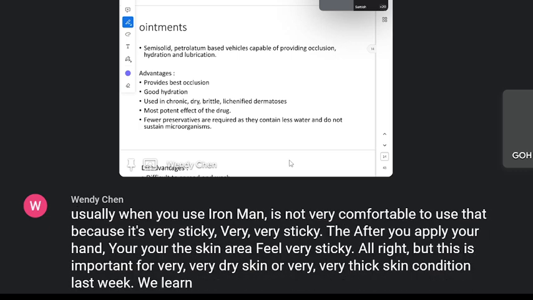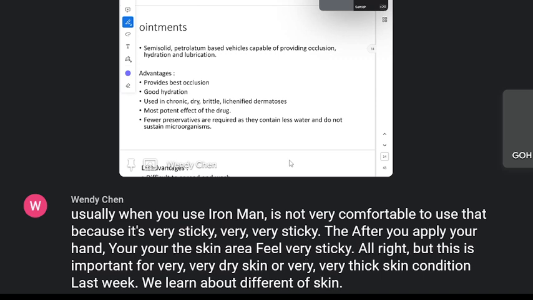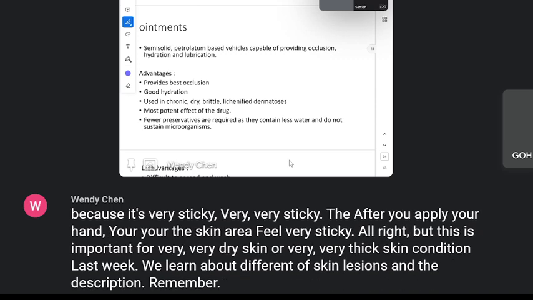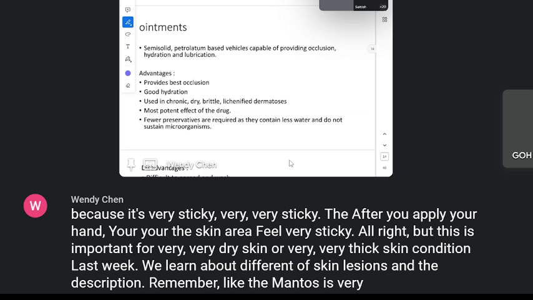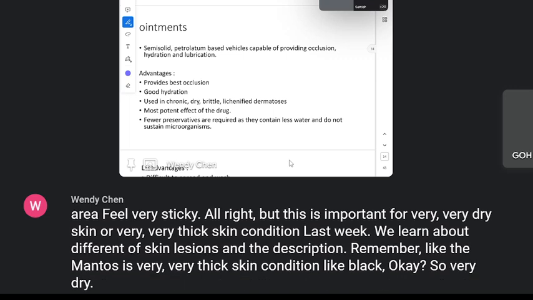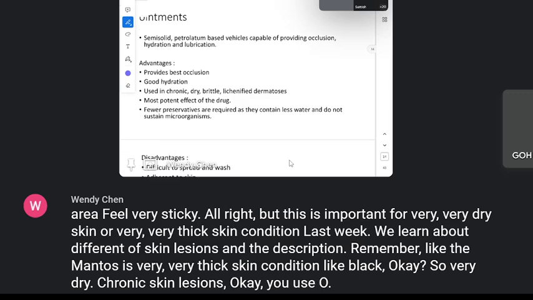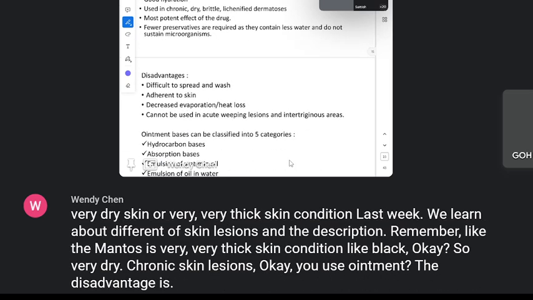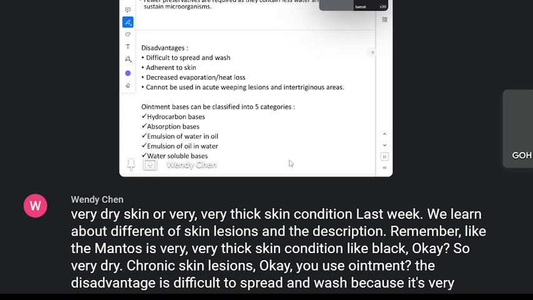After you apply it by hand, the skin area feels very sticky. Alright, but this is important for very dry skin or very thick skin conditions. Last week we learned about different types of skin lesions. Remember lichenified dermatosis, which is a very thick skin condition like plaque. So, very dry, chronic, thick skin lesions, you use ointment. The disadvantage is it's difficult to spread and wash because it's very sticky and very oily.